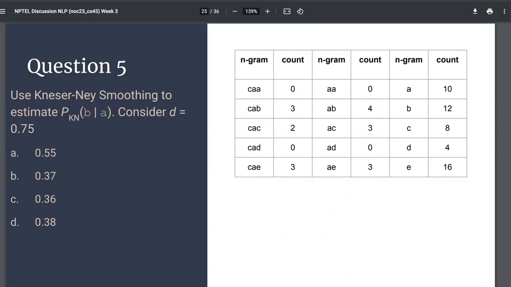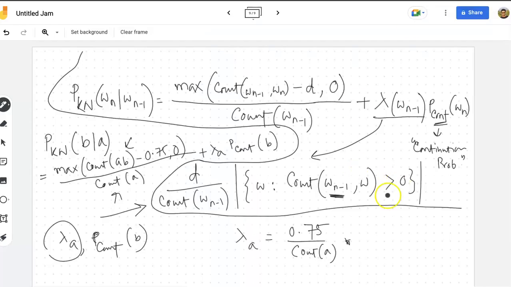So let's see which bigrams have A as the first word: 1, 2, 3. These are AB, AC and AE. So it is 3. So you get this lambda, and you can find the count also.